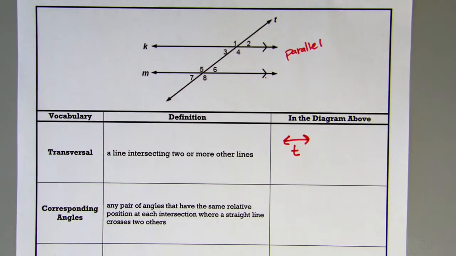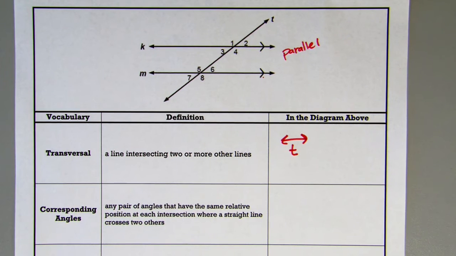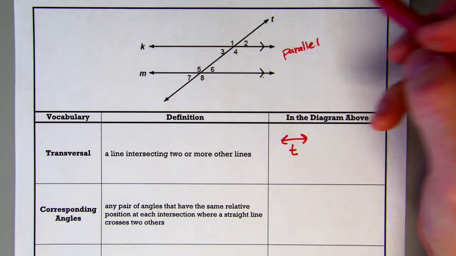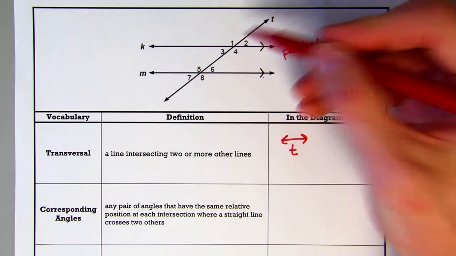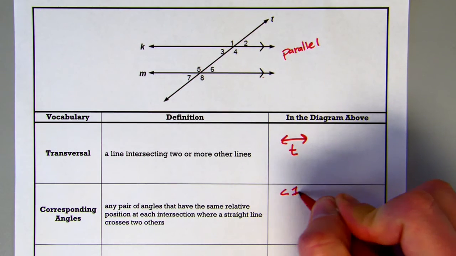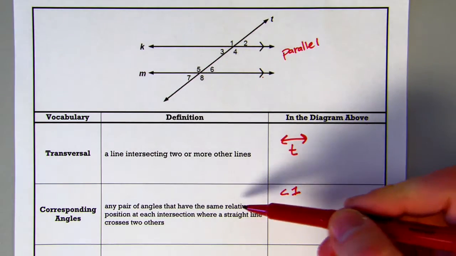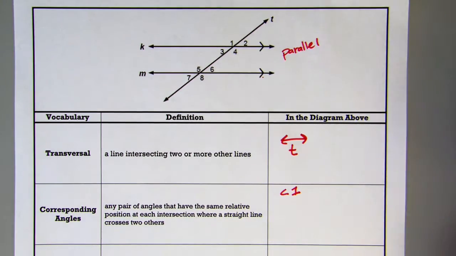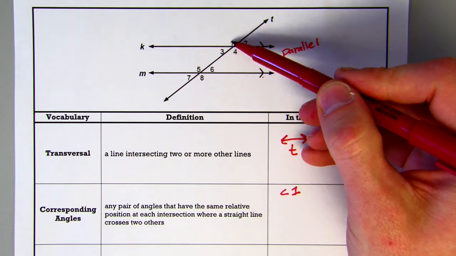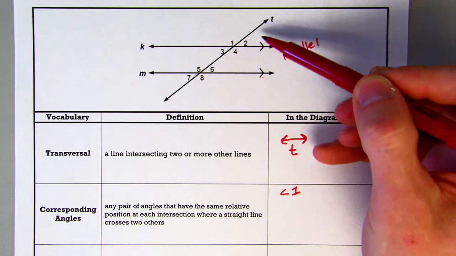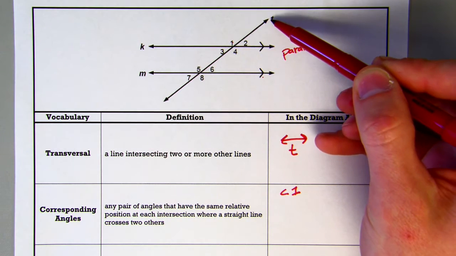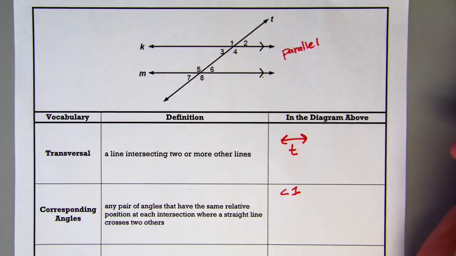The next word we're going to look at is corresponding angles. Corresponding angles are any pair of angles that have the same relative position at each intersection where a straight line crosses two others. So we're going to look at angle 1, for example. Angle 1 is on the top of line K, and on the left-hand side of our transversal T. So it's in the upper left-hand corner.